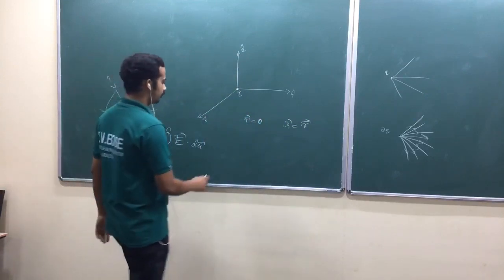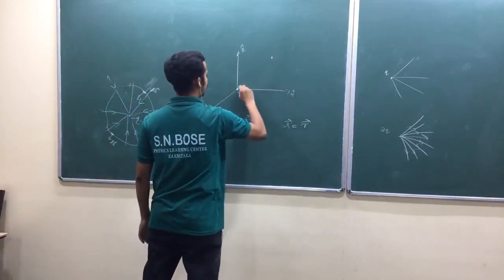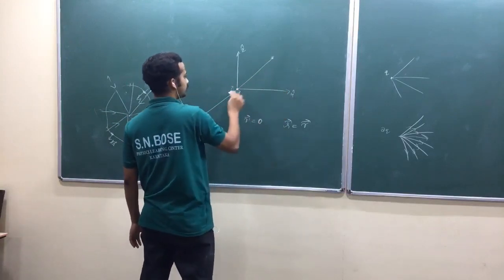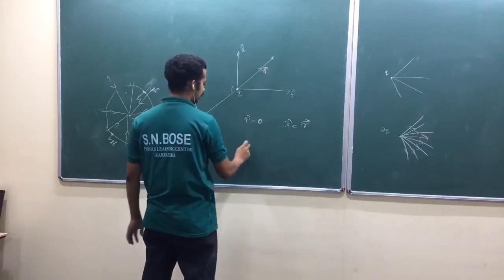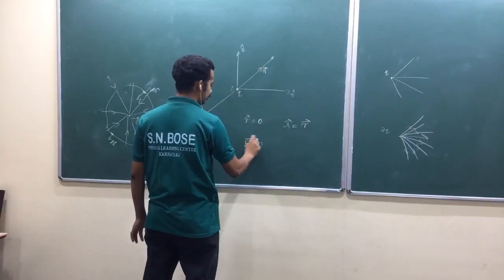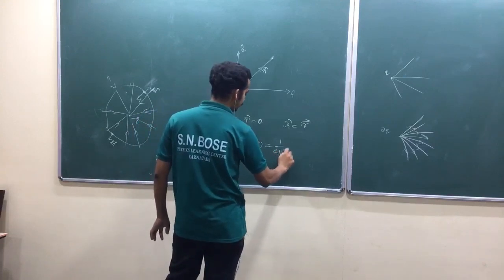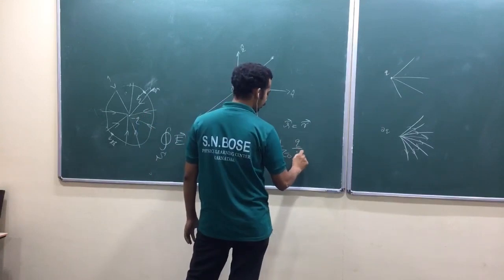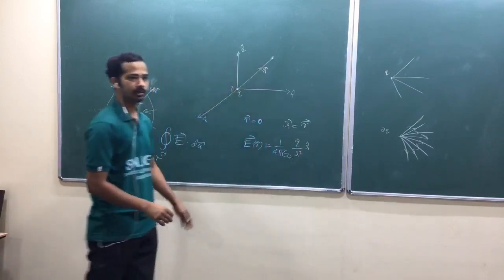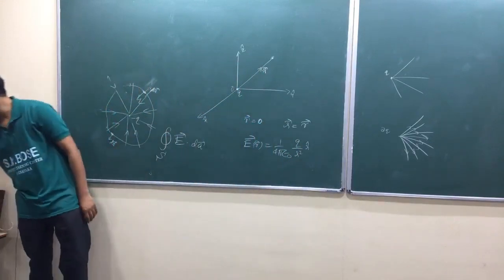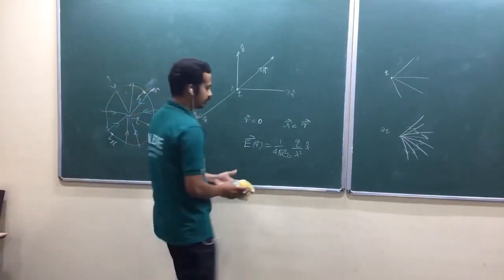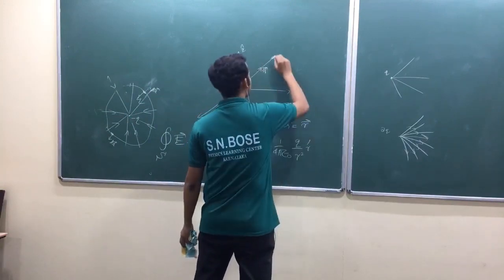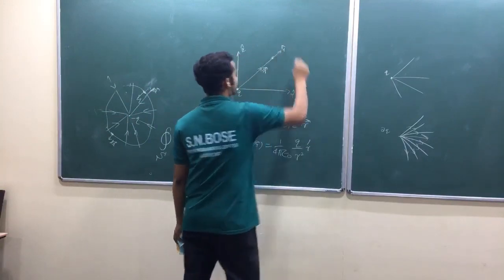Now if you write the electric field at any point at a distance r from the origin, electric field at r is equal to 1 by 4 pi epsilon naught, q by r square, r cap. That's what you have written. But italic r is nothing but ordinary r, so I can write it as r square into r cap. What is r cap? This is the direction. R cap.